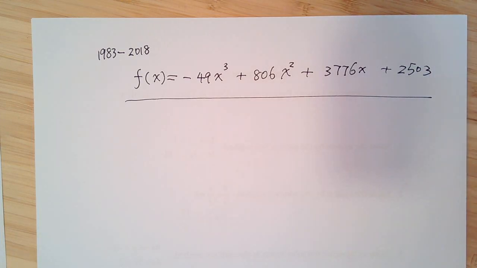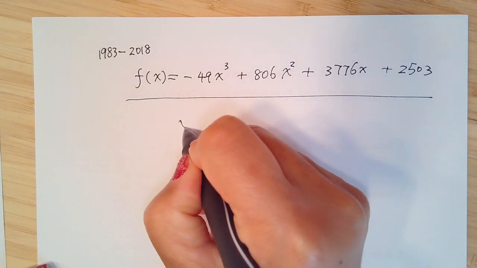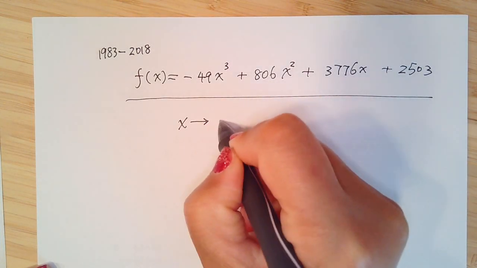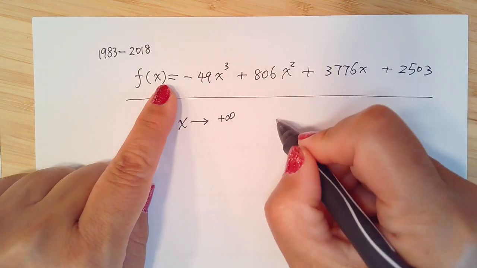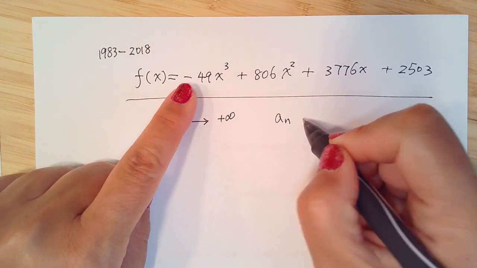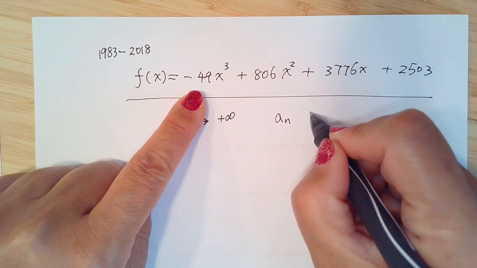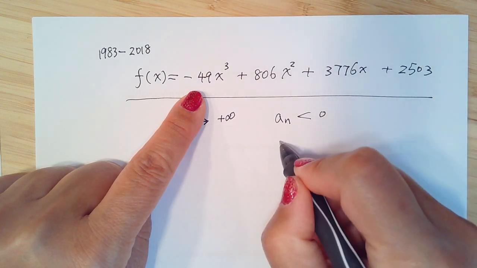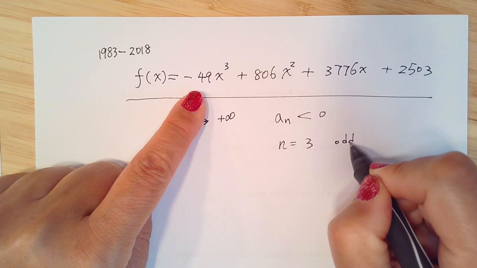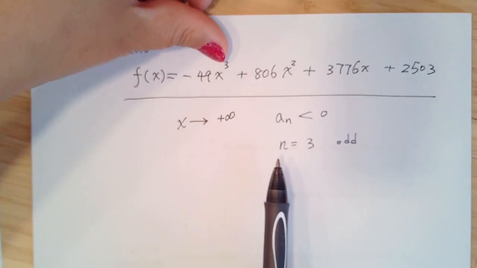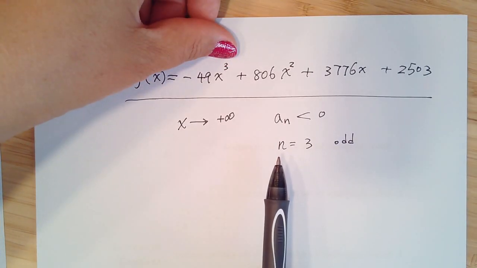So we're going to look at the end behavior, and what we're looking for is when x goes to positive infinity. Okay, now what do we have? We have an, in this case a3, which is negative, right? And we have n equals 3, and that's an odd number, an odd power.